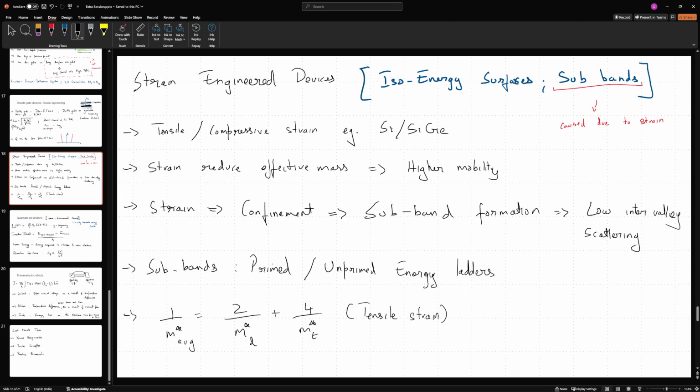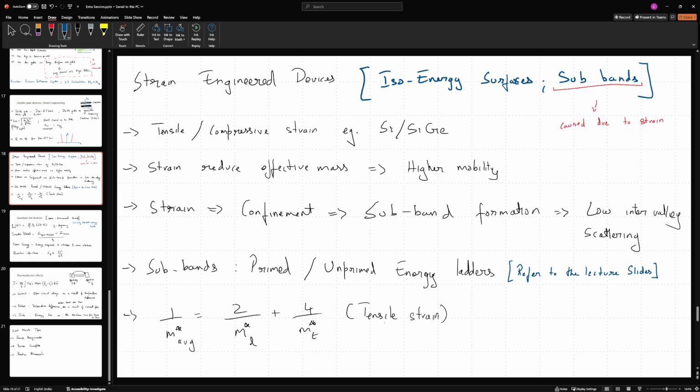So in the subbands, remember what the primed and unprimed energy ladders are. Please refer to the lecture slides. So I will write that here. And the average effective mass relationship is given by 1 by m star average is going to be 2 divided by m star longitudinal plus 4 divided by m star transverse.